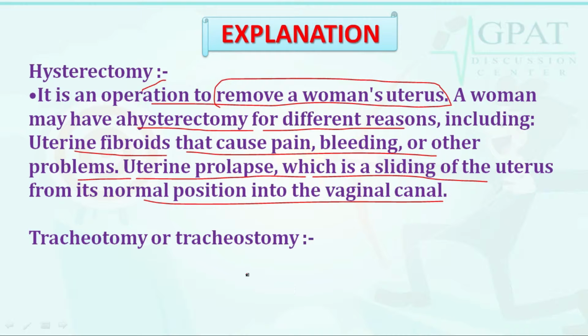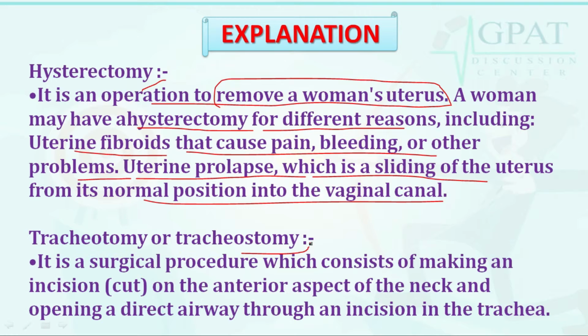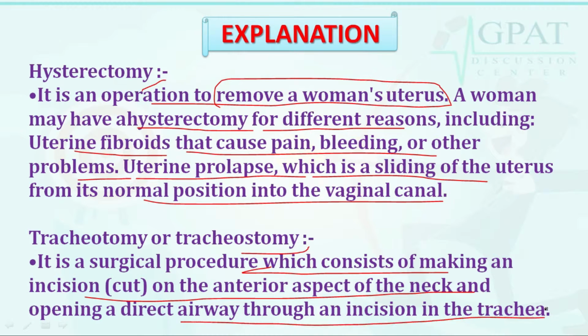Tracheotomy or tracheostomy is a surgical procedure which consists of making an incision or cut on the anterior aspect of the neck and opening a direct airway through an incision in the trachea. As its name indicates, it is derived from the word related to the trachea.